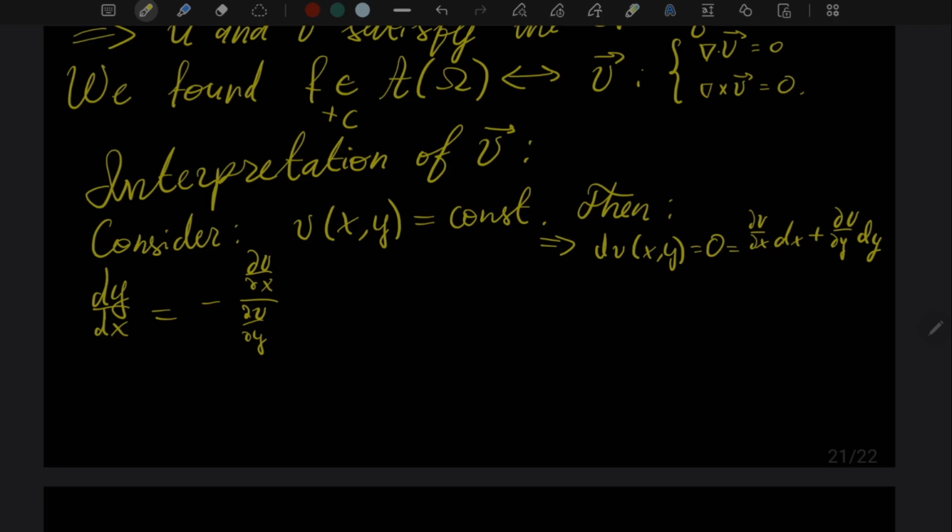And after some differential algebra, we get this. Okay, and then we get the negative sign. And of course it is phi2 divided by phi1.